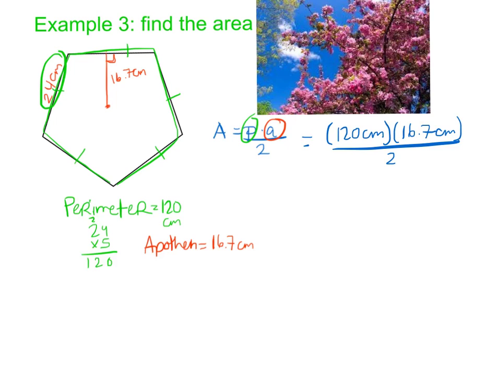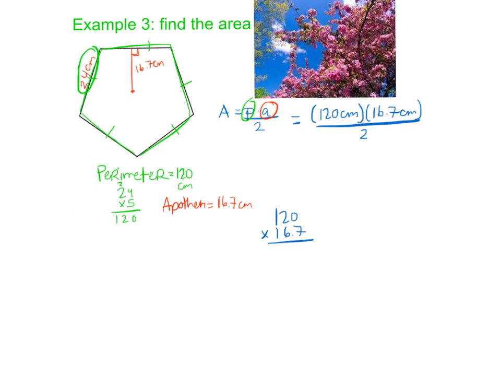So I'm going to need to do this calculation. I have 120 times 16.7. So let's see that math. In fact, I think I'm going to need more space. Here we go. 7 times 0 is 0, 7 times 2 is 14, and 7 times 1 is 7, plus 1 is 8.